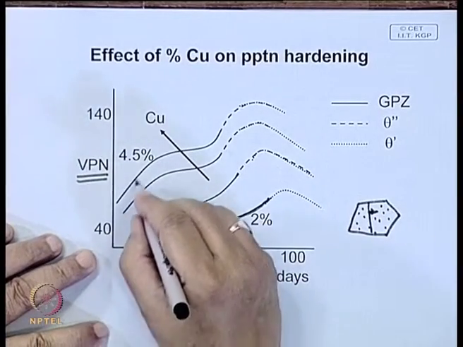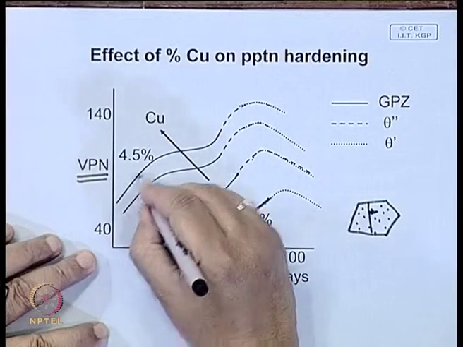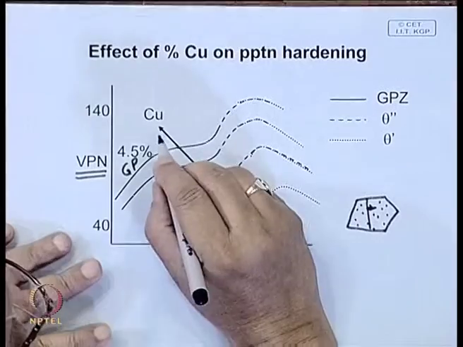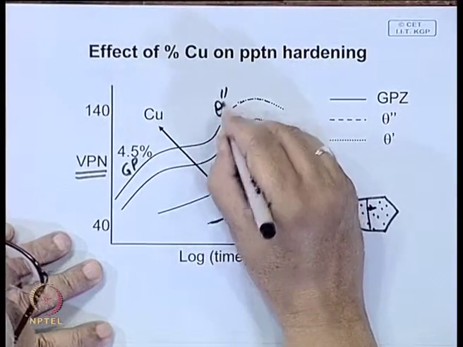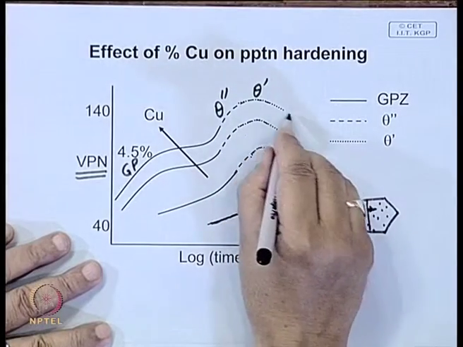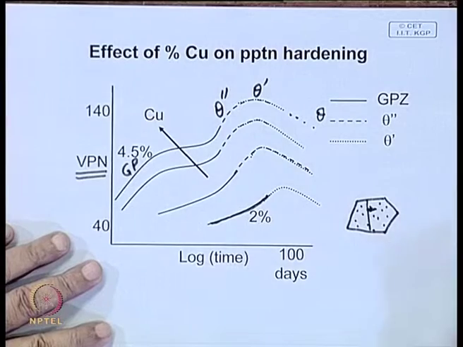Similarly, if you have 4.5% copper, possibly you will see this is where you will have GP zone, this is theta double prime, then theta prime, and subsequently when it overages on this side it will become theta.